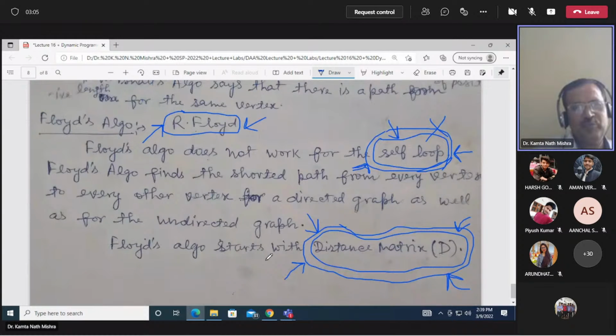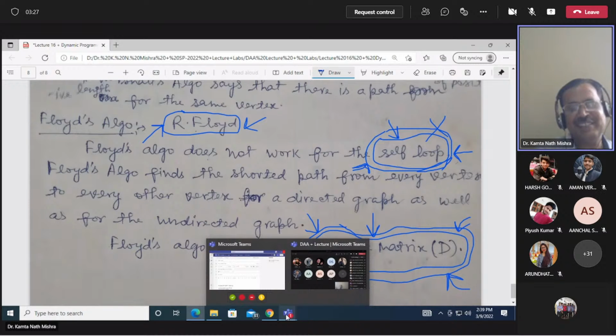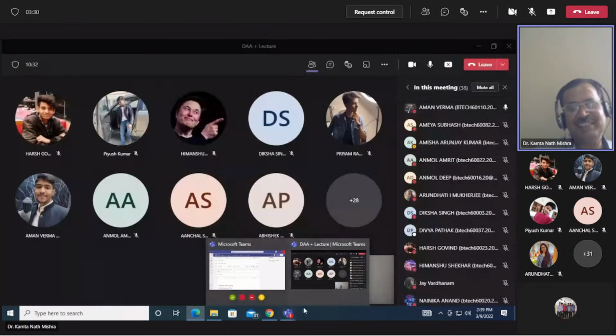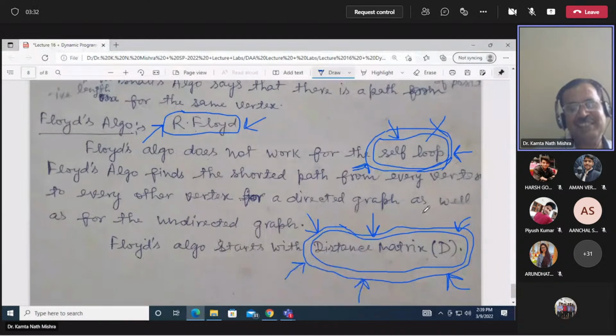But when we talk about distance matrix, Aman Verma ji, what will happen in the case of distance matrix? The left diagonal will be zero or non-zero? Zero. Speak with a little confidence. So please remember, in the case of distance matrix, the left diagonal will always be zero.